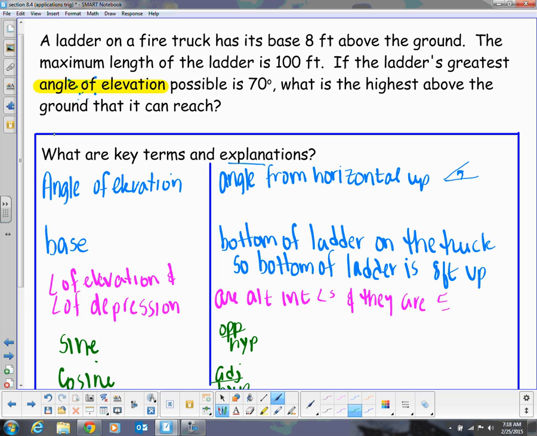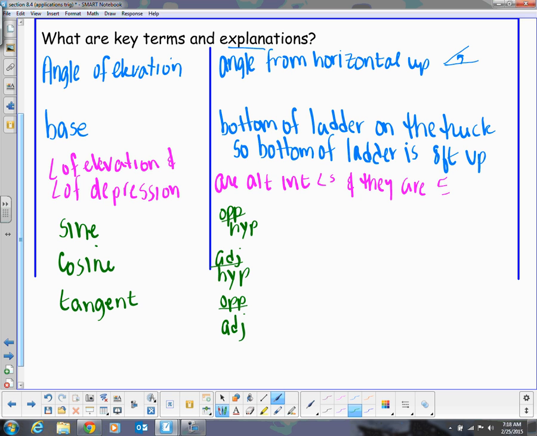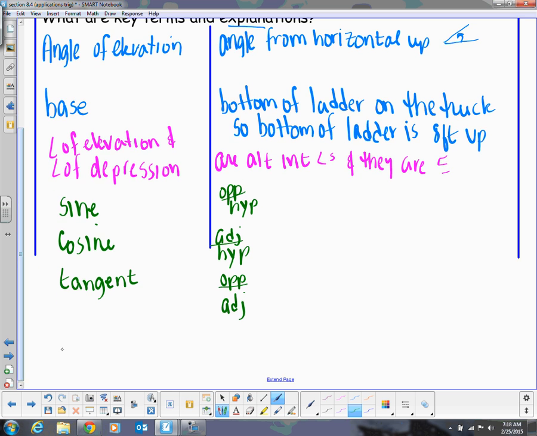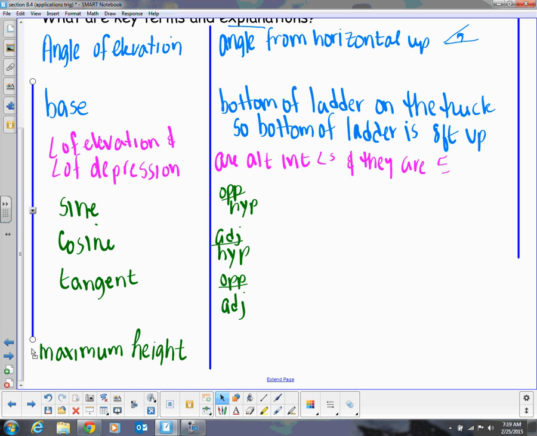Maximum height. Okay, maximum height. What do you think they're going to do with the ladder? Are they going to extend it partway? They're going to extend it out. If you want it to reach as high as possible on the building, then they're going to extend that ladder as far as they can.